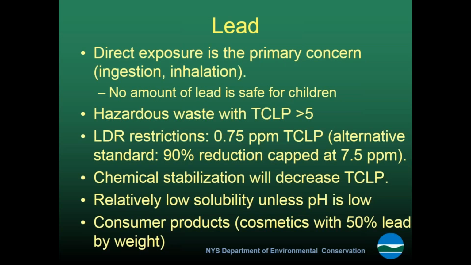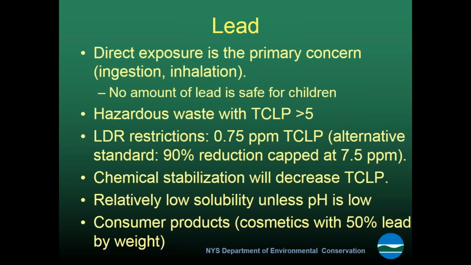There's one other consideration on the record side of things that I'd like to draw your attention to, which is that the LDR restriction, the land disposal restriction, is set at a limit of 0.75 parts per million, which sounds like it would mean you'd have to manage material between 0.75 and 5 in a different way.